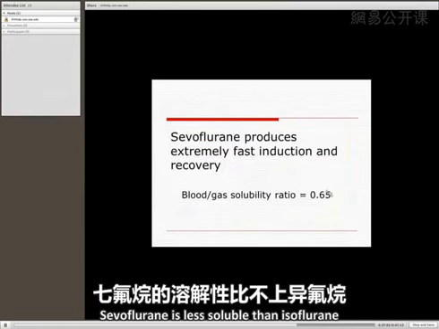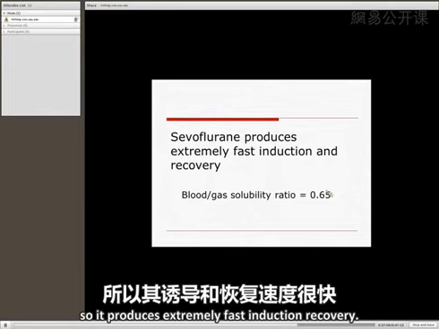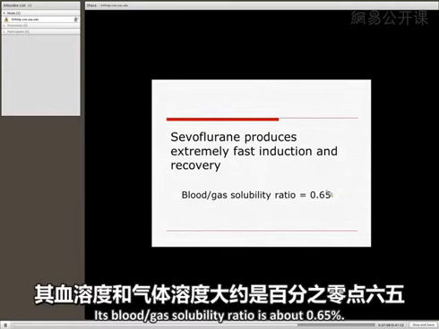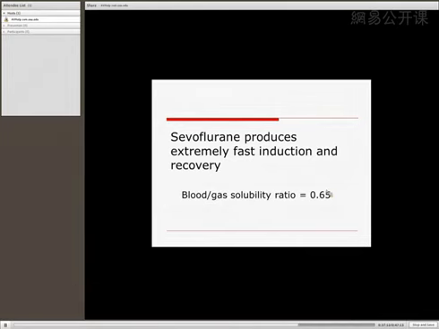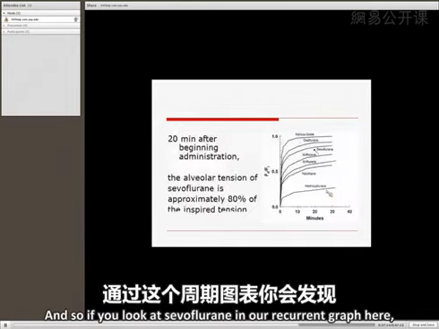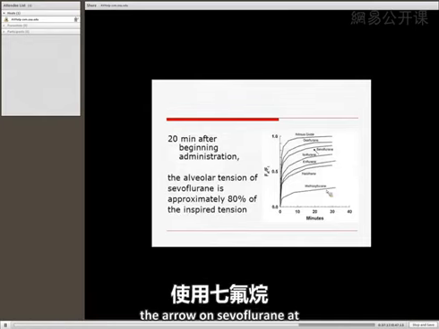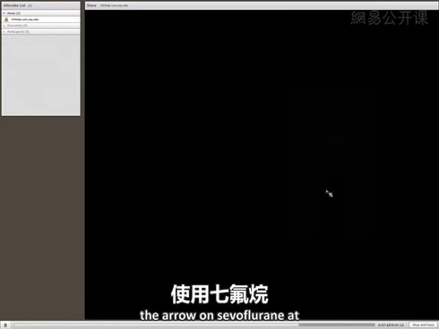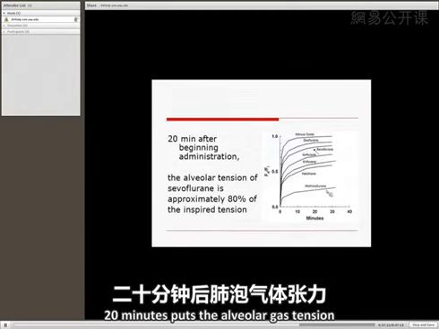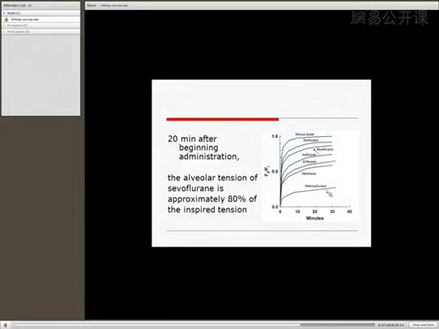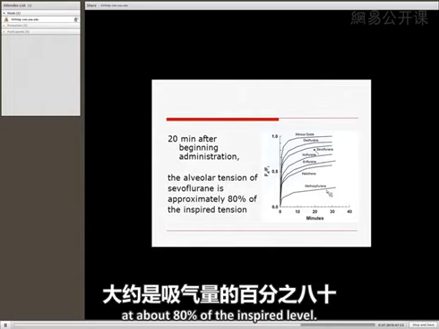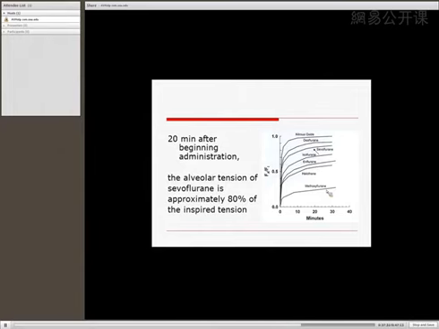Sevoflurane is less soluble than isoflurane, so it produces extremely fast induction and recovery. Its blood gas solubility ratio is about 0.65. And so if you look at sevoflurane in our recurrent graph here, the arrow on sevoflurane at 20 minutes puts the alveolar gas tension at about 80% of the inspired level.